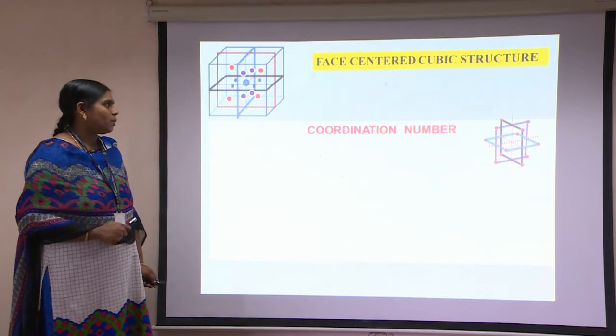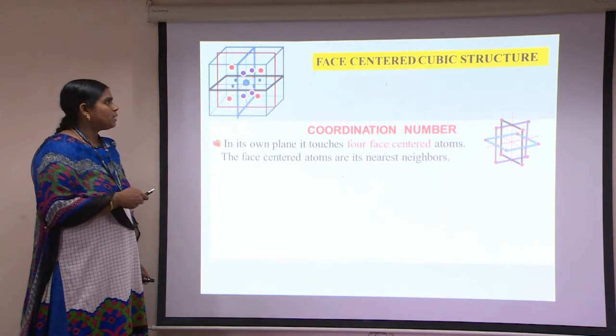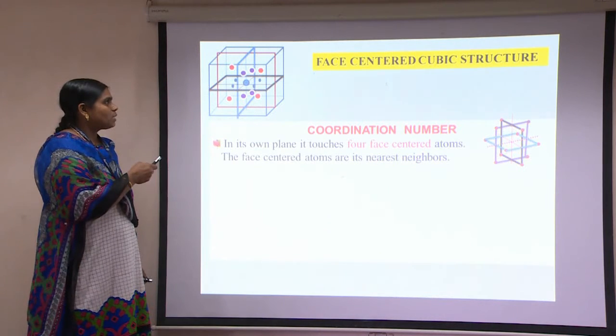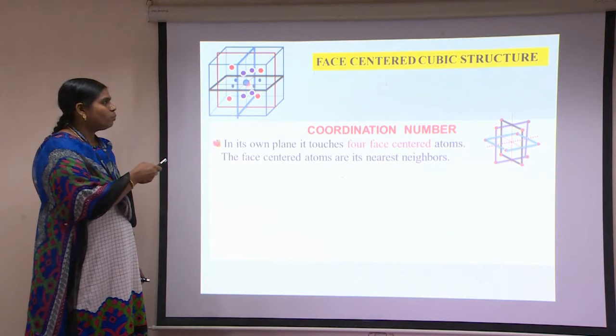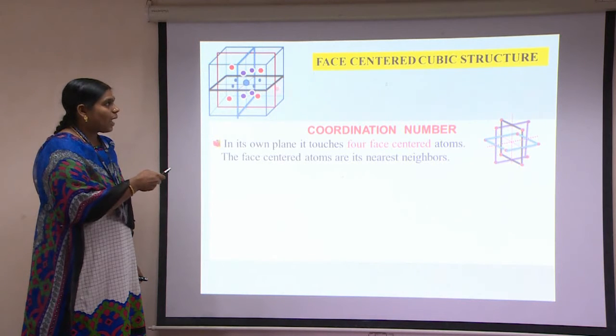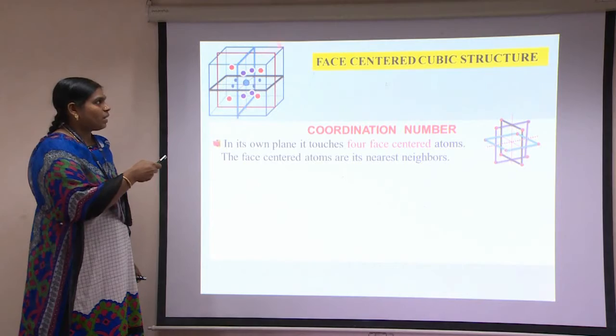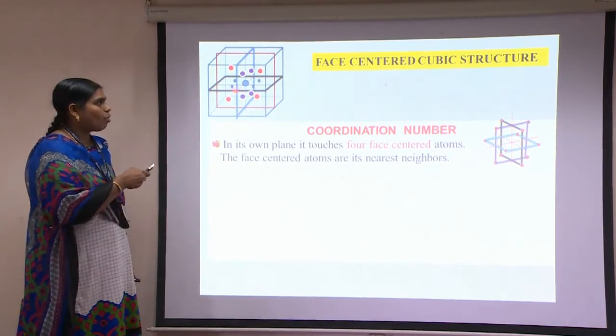So how easily can we represent this? Now consider this diagram. I am considering an atom present at the corner of a unit cell. This is a unit cell. Now we can see that there are 8 unit cells, 1, 2, 3, 4, 5, 6, 7, 8, 4 below and 4 above.